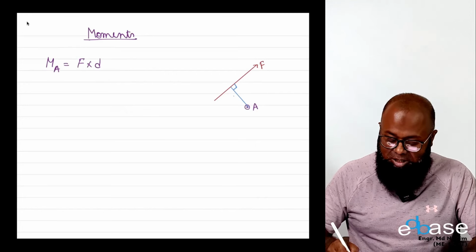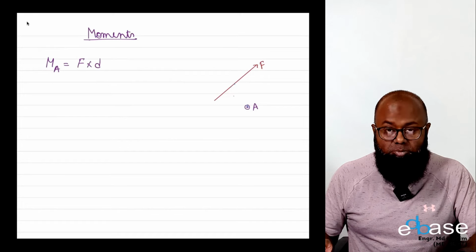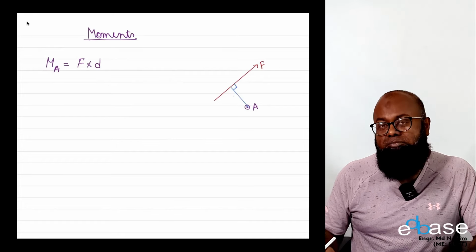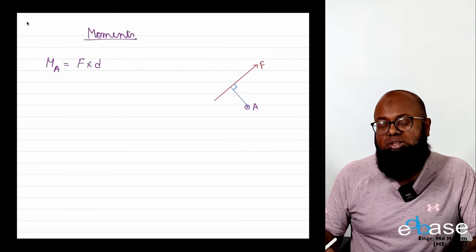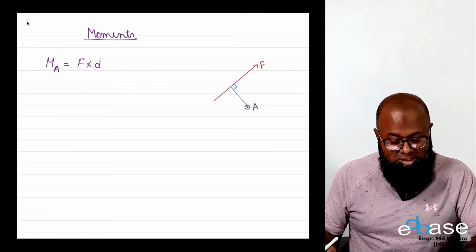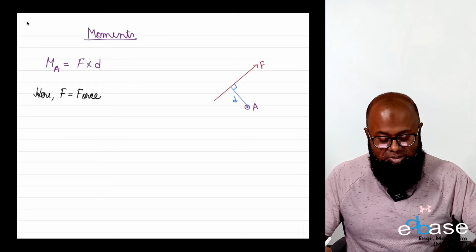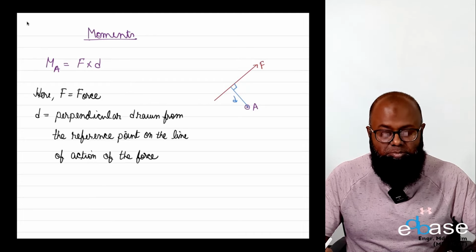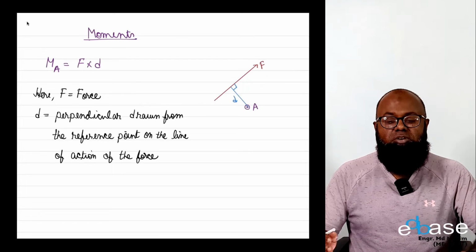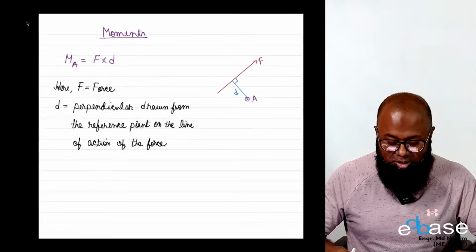Here you can see that this is a reference point and we are drawing a perpendicular from the reference point or the pivot point on the line of action of the force. This is your D. Now you can write down what I've just said: F is the force and D is the perpendicular drawn from the reference point on the line of action of the force.